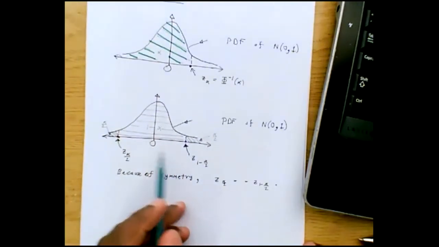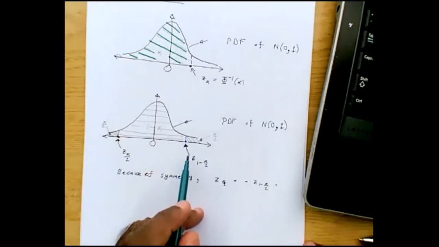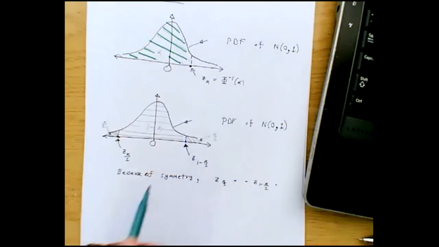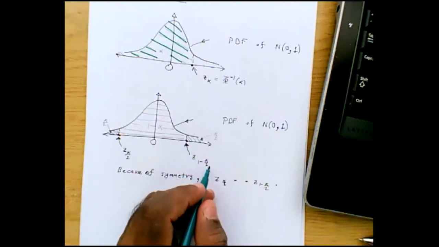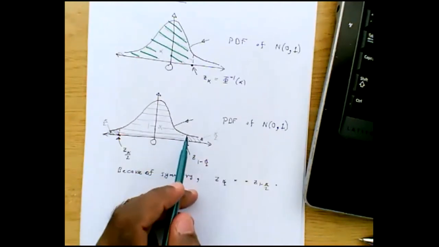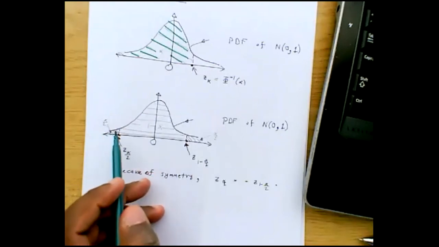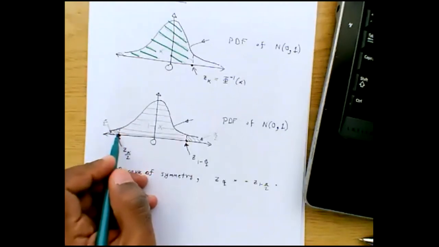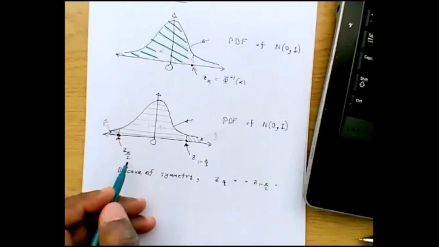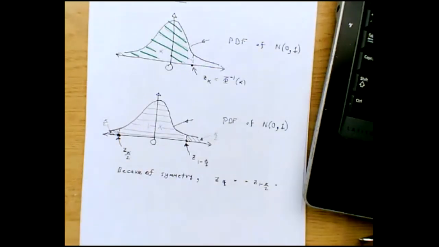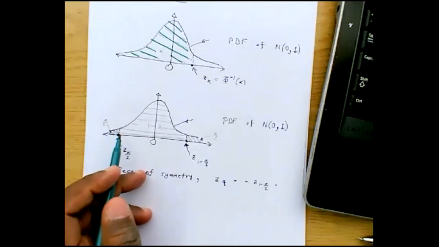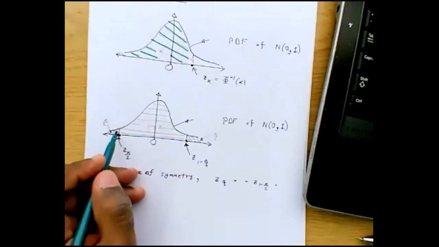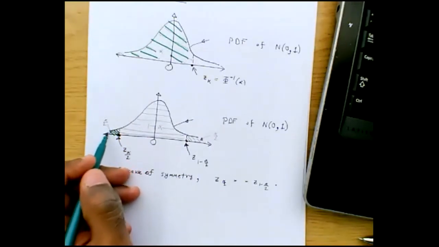Now you can also have a case like this, where this point here is denoted by z 1 minus alpha by 2. So the area to the left of this is 1 minus alpha by 2. And this point here is z alpha by 2, which means that the area to the left of this point is alpha by 2. So this area is alpha by 2.